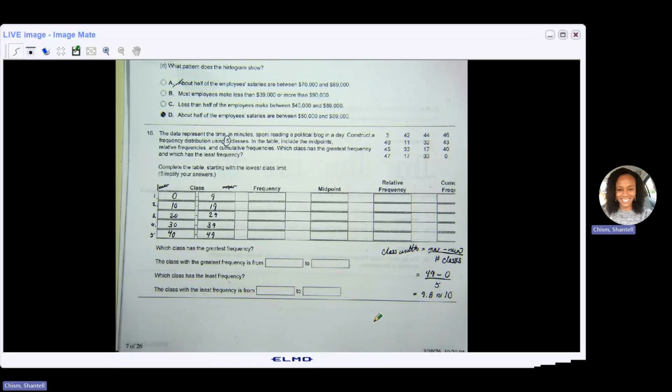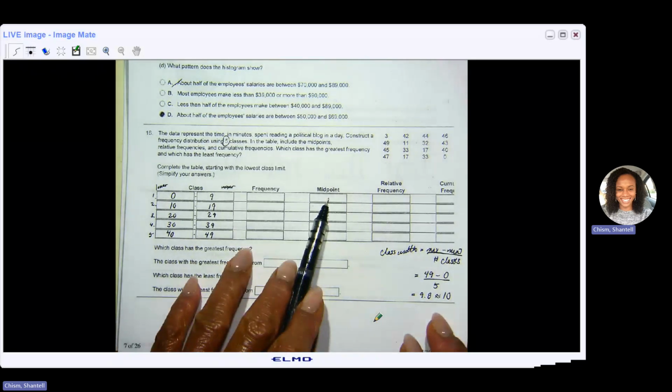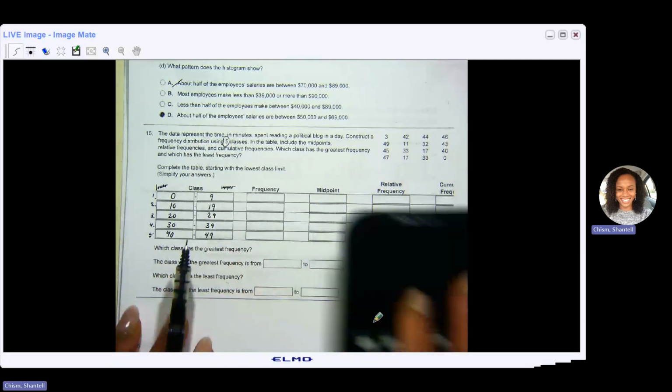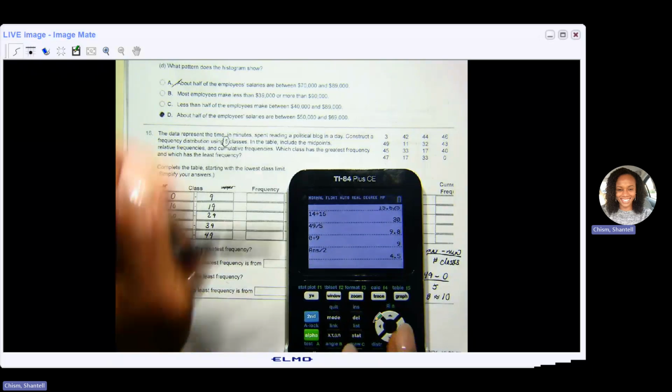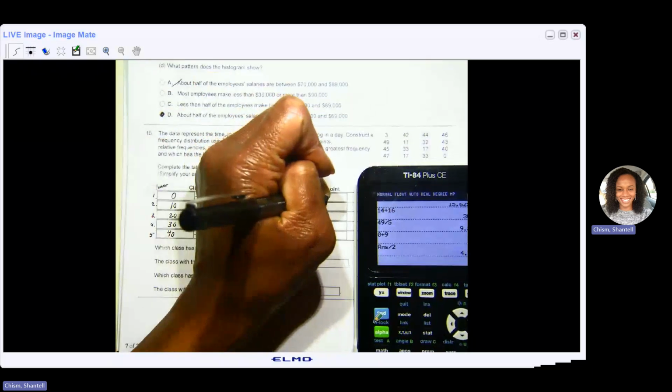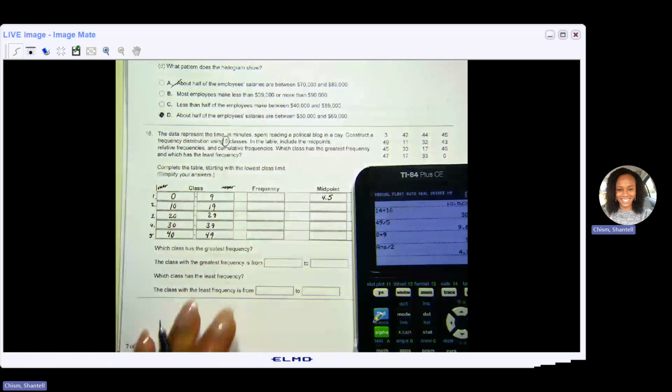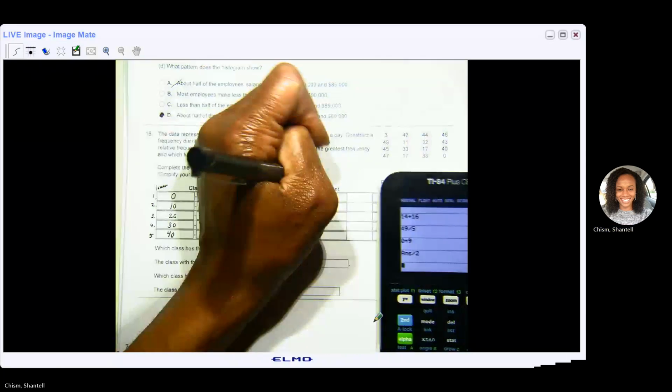I apologize, but there is a problem just like this in a video that I created for section 1.2. The midpoints would be the middle value of each class. For the first one, 0 plus 9 divided by 2 is 4.5. You do not round midpoints.